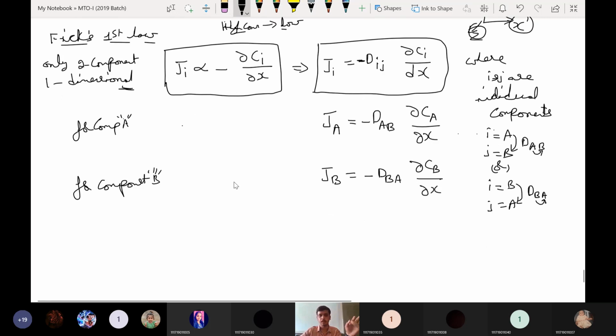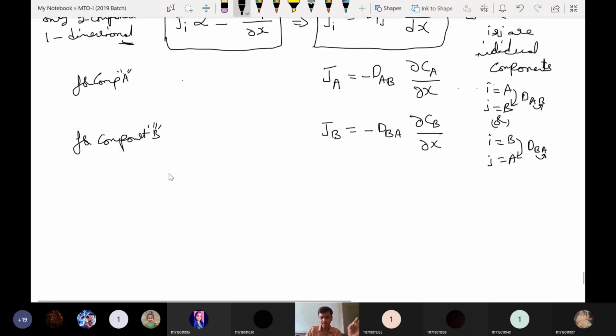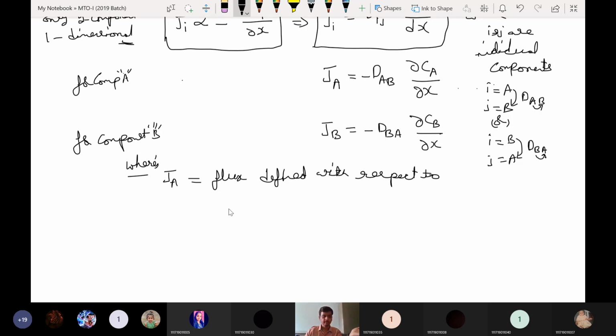Now here in Fick's first law, we will expand each quantity. J_A is equal to flux, whether it's a mass flux or the molar flux, defined with respect to some arbitrary coordinate system.